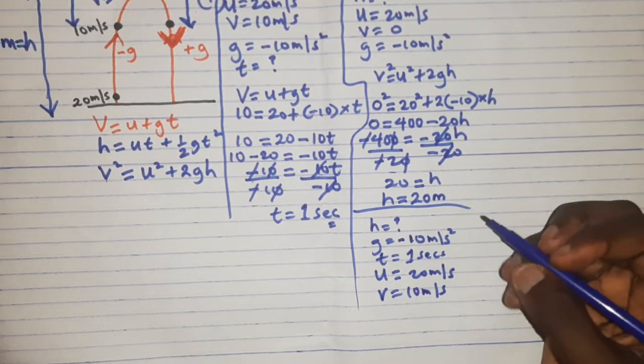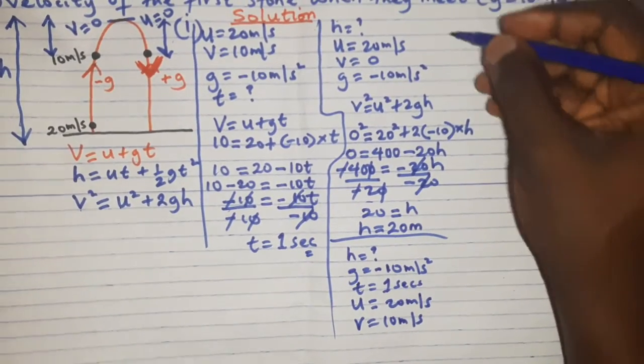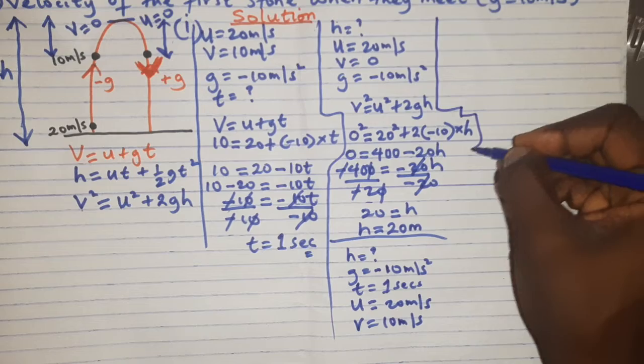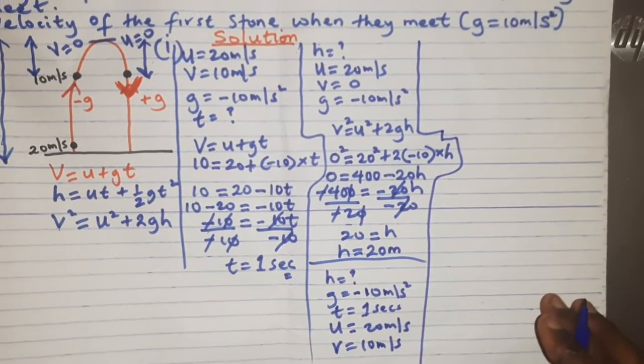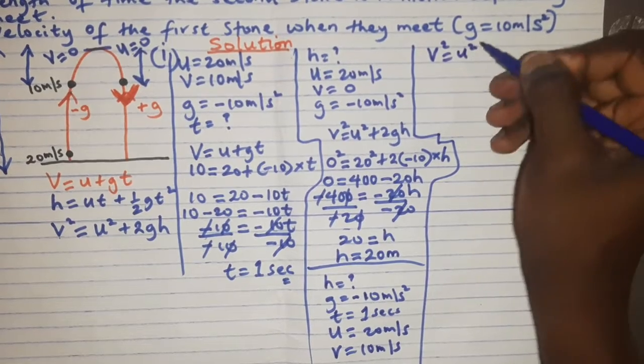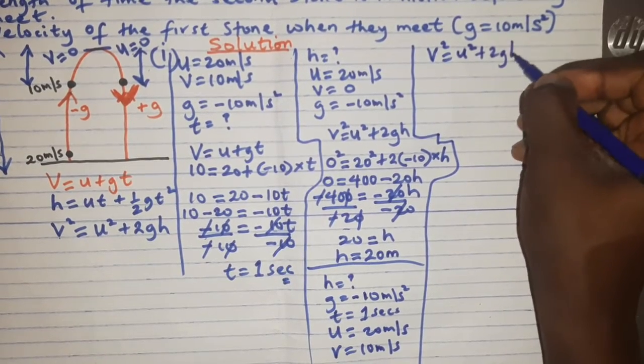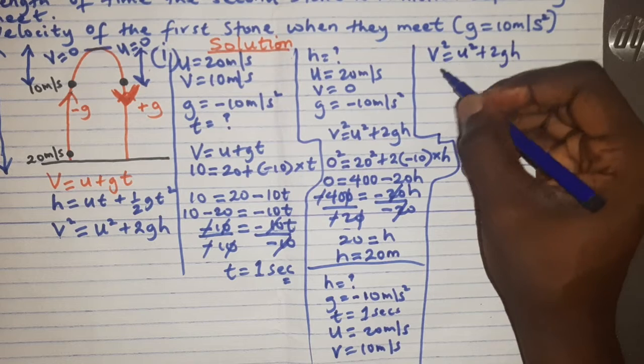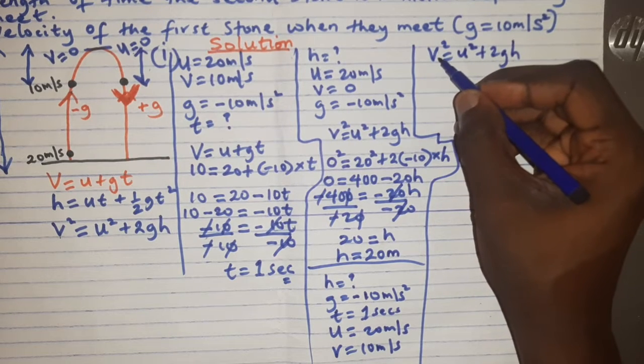So using the third equation again, we'll have v squared equals u squared plus 2gh. The final one is 10.